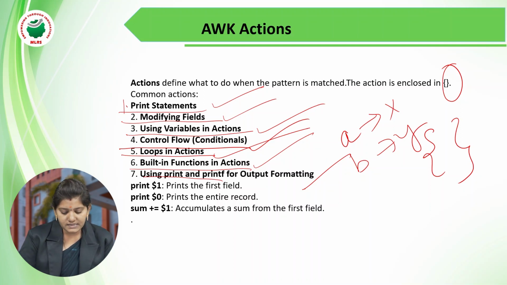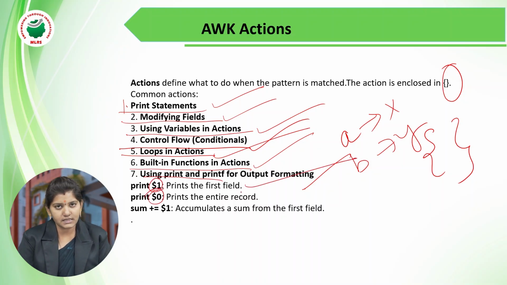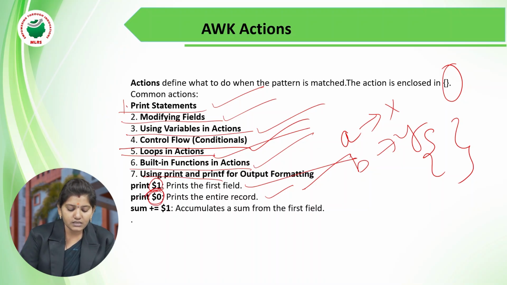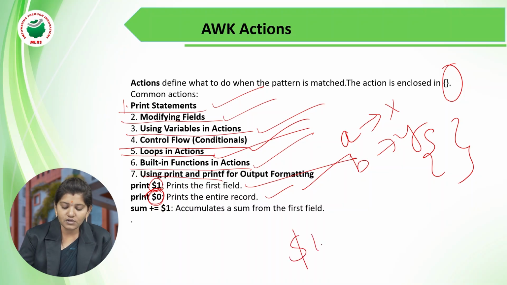Here the example is print $1. $1 prints the first field. $0, as we already discussed before, denotes the entire record of a file. So print $0 prints the entire record. If it is only $1, it gives only the first field.